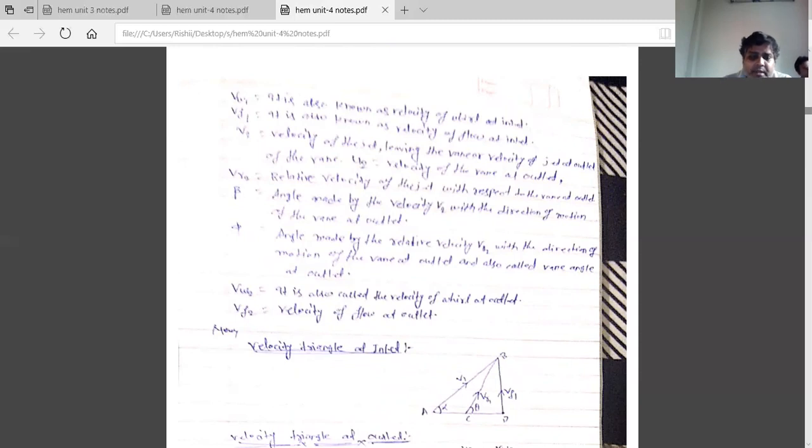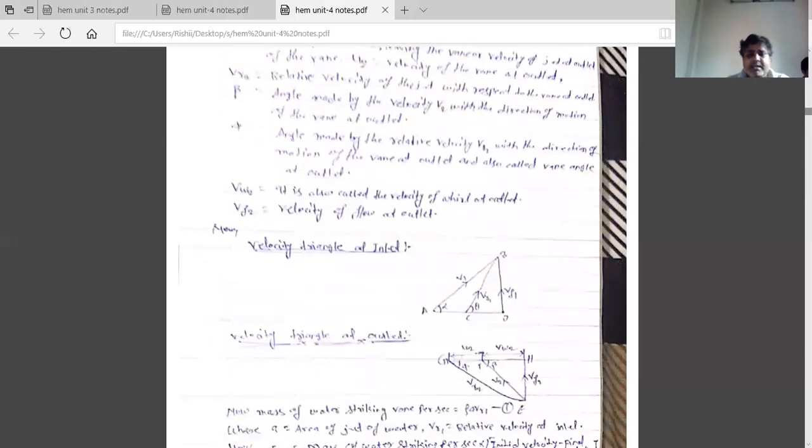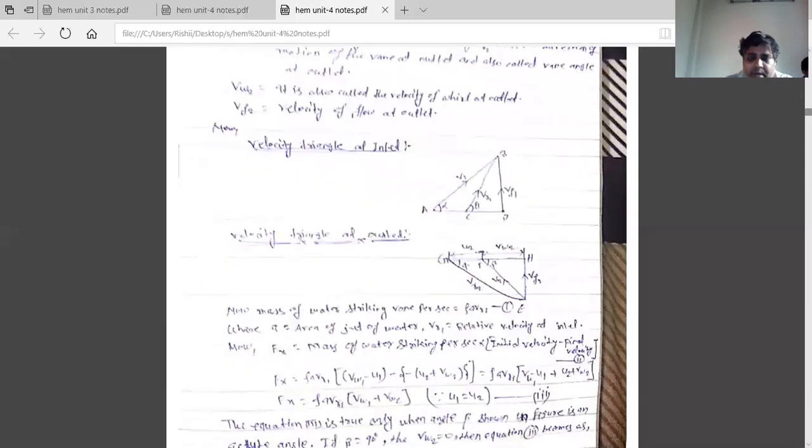Vf2 is also known as the velocity of flow at outlet. Now consider the velocity triangle at inlet: alpha angle, theta angle, V1, Vf1 and Vr1. The velocity triangle at outlet: consider U2, Vw2, phi angle, beta angle, Vr2, V2 and Vf2.